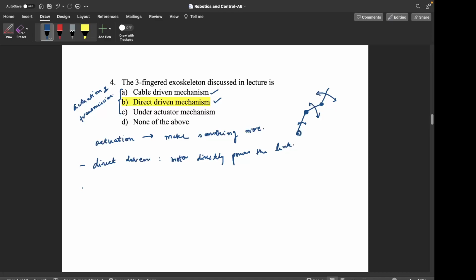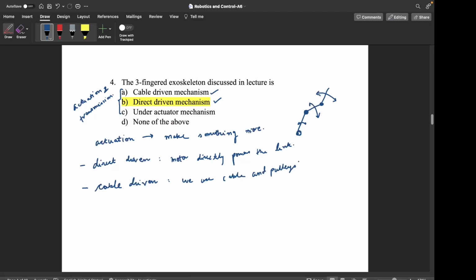In the cable driven mechanism, we use cable and pulleys to transmit power, right?